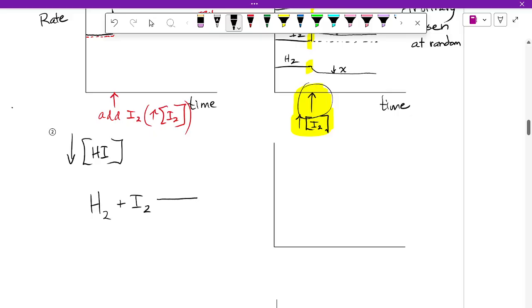So this is our original equilibrium. I'm going to say our original equilibrium is like this. And there's a reason I made those arrows so big.